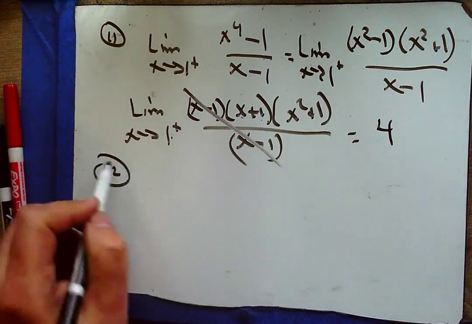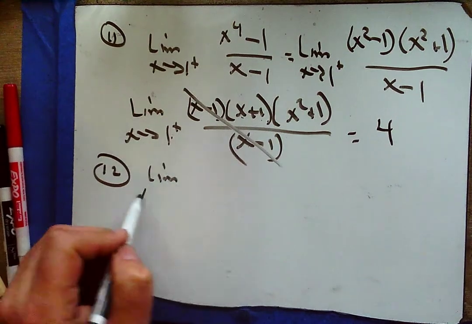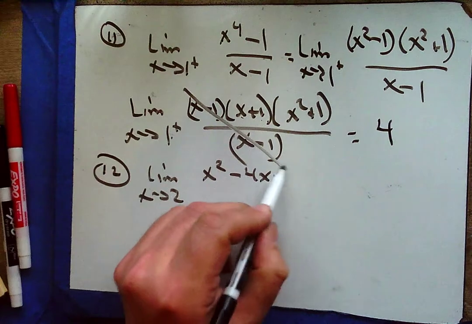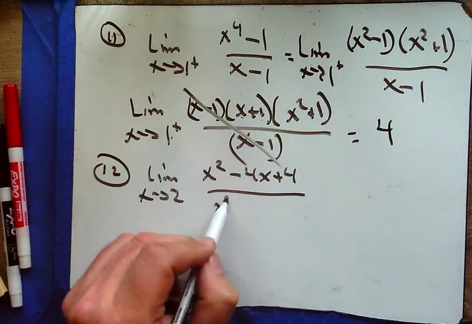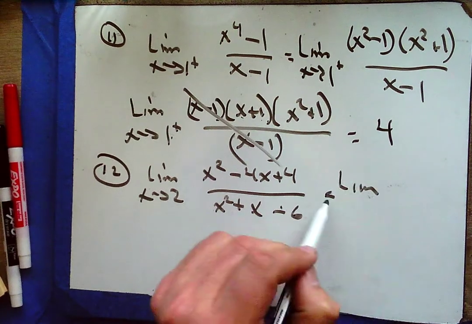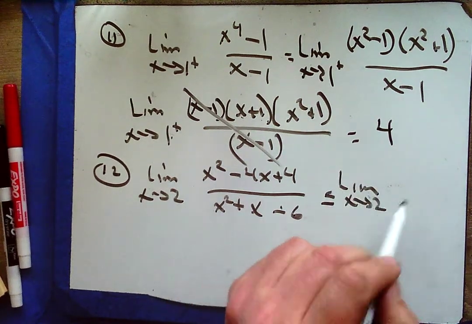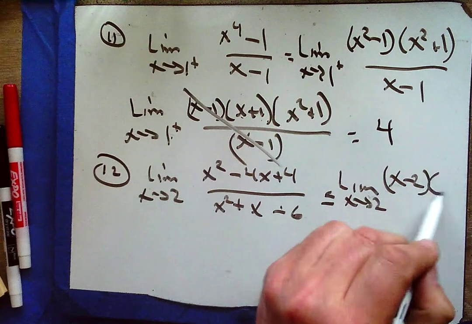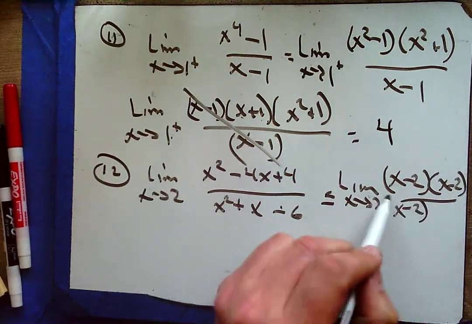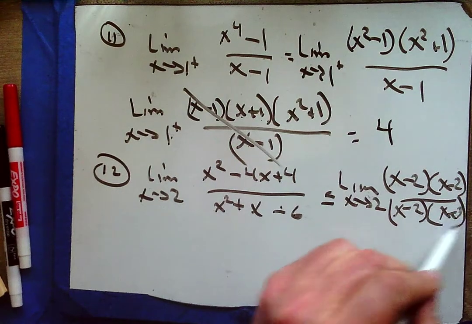12. The limit as x approaches 2 of x squared minus 4x plus 4 over x squared plus x minus 6. It's going to be the limit as x approaches 2 of x minus 2 times x minus 2 over x minus 2 times x plus 3.